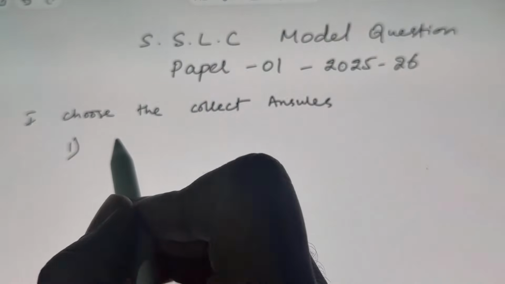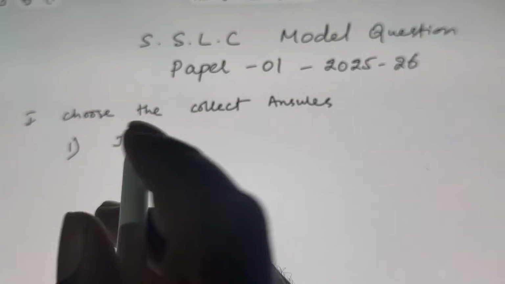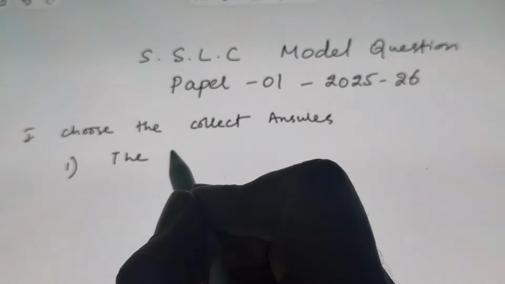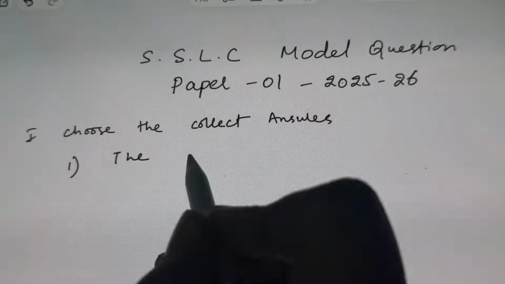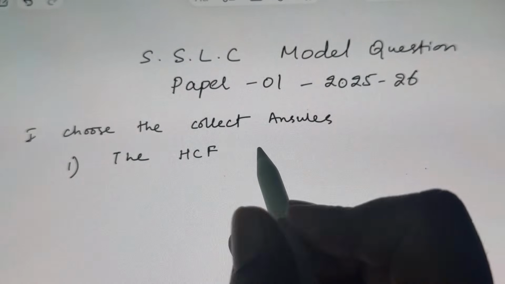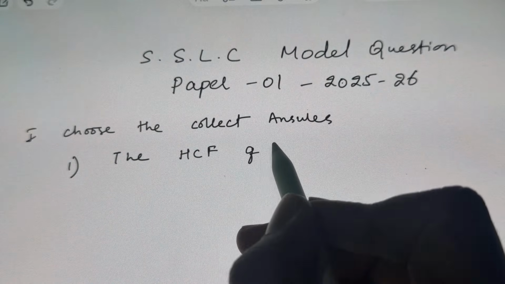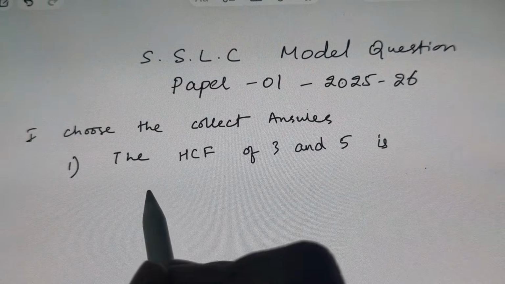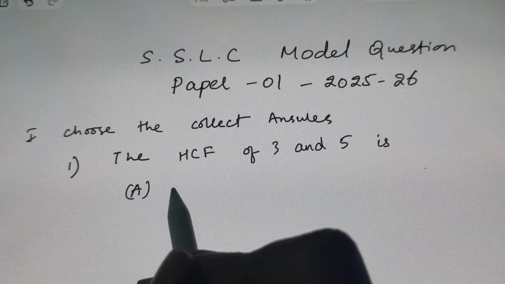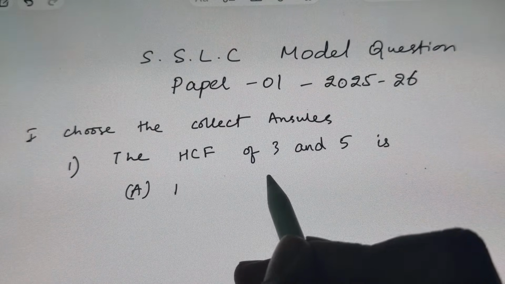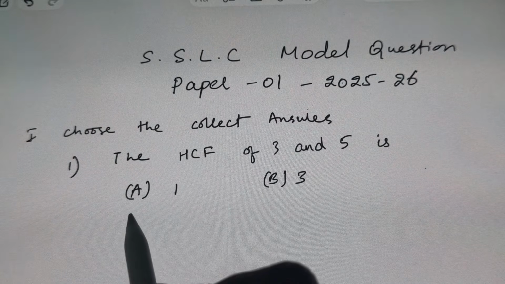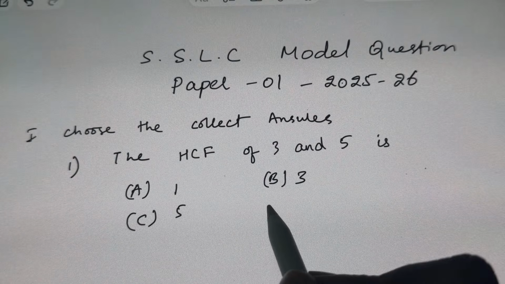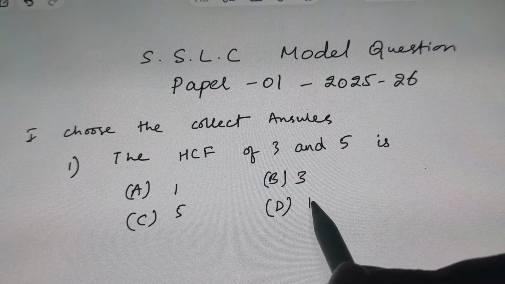First one is the HCF of 3 and 5 is. A is 1, B is 3, C is 5, and D is 15.